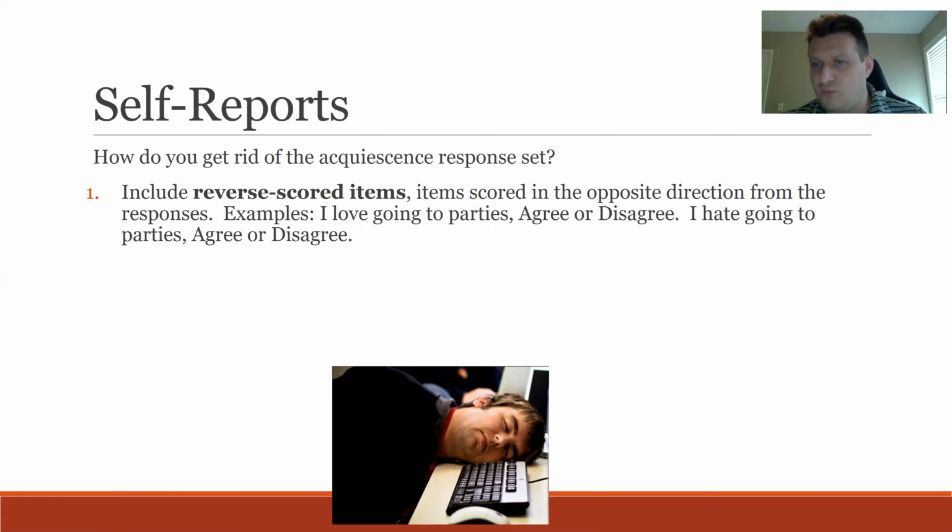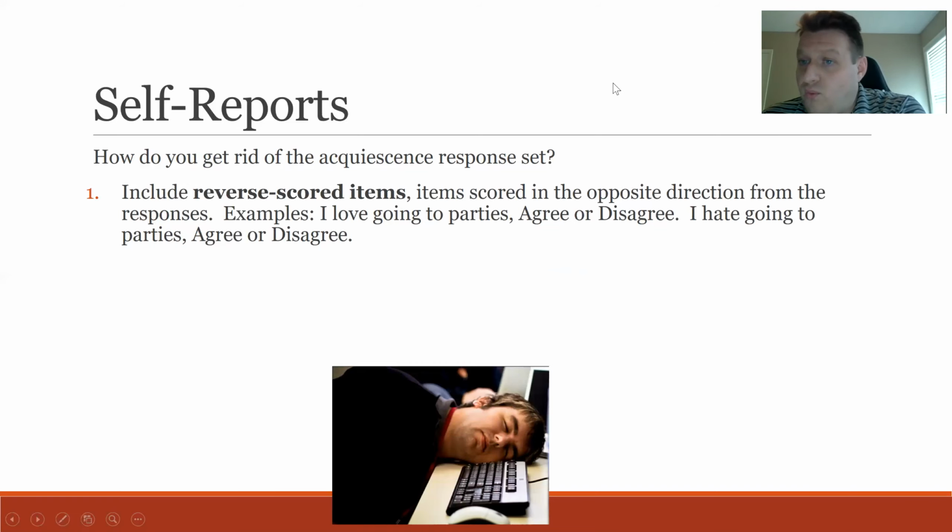Another thing that we can do is compare how they respond one way when it's asked this way and see if they respond the opposite way when we ask it in the reverse coded way. Earlier on in the experiment, you said that you like parties, and now you say that you don't like parties. Well, there's this disagreement. Because there's this amount of disagreement, do we remove your data from the study, or do we do something else with your data?